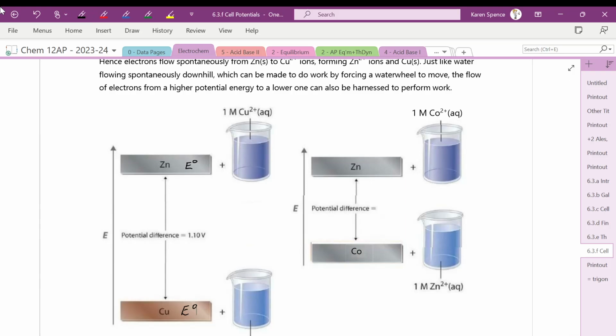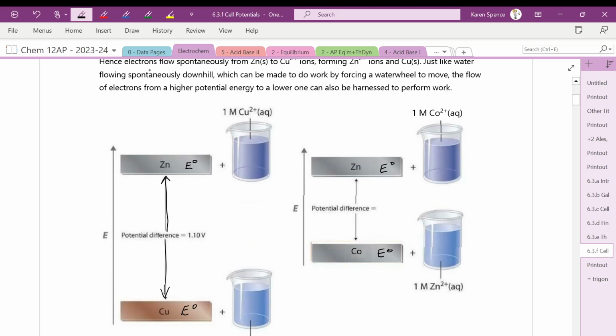Cobalt, on the other hand, is a smaller difference than the copper from zinc. Does that make sense? Okay, so which one will produce a greater voltage? This is the potential difference. First one, okay, it's pretty obvious. It produces a greater difference.